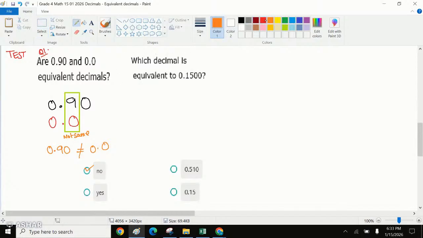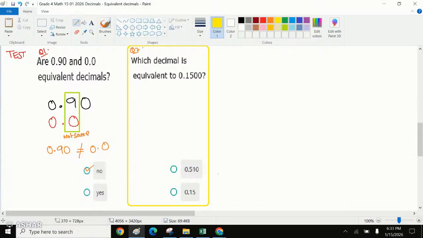Which decimal is equivalent to this given number? Can I have the answer? Yes, thank you, Rowan. In question number 2, what we can do is remove the zeros at the end of the number, the number that is ending with multiple zeros, right?